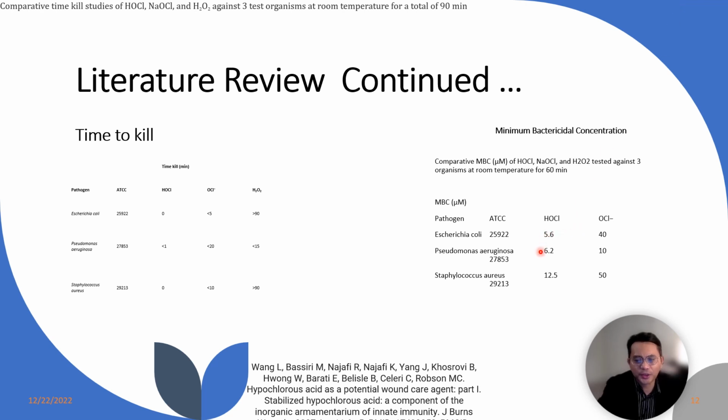You want this to be low, because the lower it is, the safer it is. If you increase this number, you expect more cytotoxicity to human fibroblasts or human cells. So comparing hypochlorous acid and hypochlorite, this data tells us how much safer hypochlorous acid is. This is the Vashe, this is the Anasept or Dakin's.